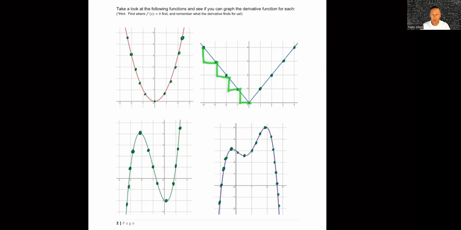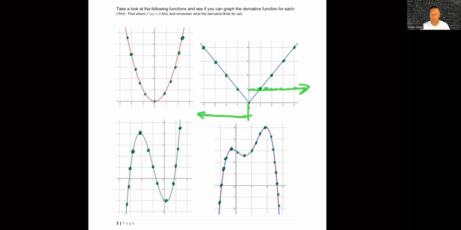Down everywhere. So we know for any one of these x values, our derivative would be -1. Where this is over 1 up 1, over 1 up 1. This is a slope of 1. So we know for any one of these x's over here, they would be a 1. So we would have a constant line going this way and at -1 this way.